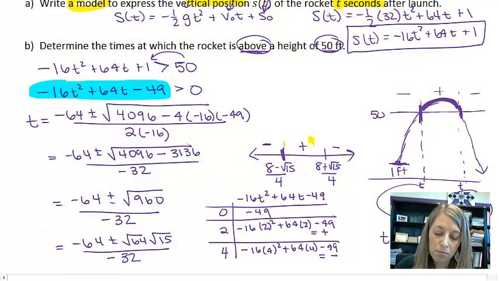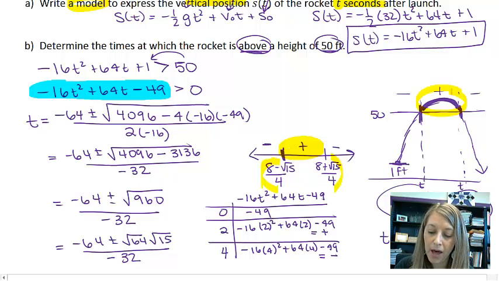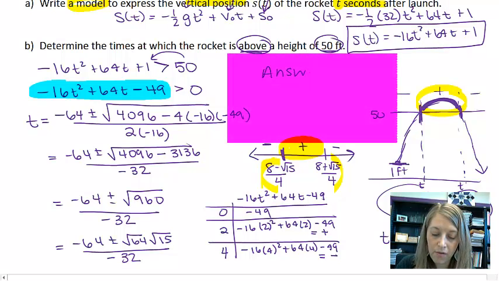So, of course, our middle interval is positive, and so when the values are between these two values is when it's above our 50 feet. So our answer then is when the time is between those two values, 8 minus root 15 over 4 and 8 plus root 15 over 4.